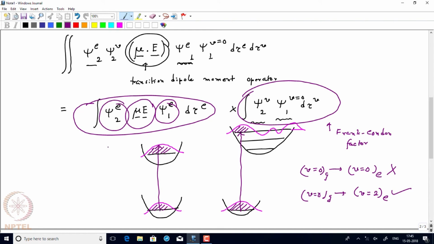So whether the parities are odd and even or even and odd, it dictates whether the transition moment is 0 or not, but it does not say anything about, if it is actually an allowed transition, how strong it will be. That is mostly controlled by this Franck-Condon factor, and that basically talks about what is the overlap integral between the ground vibrational state and some other vibrational state in the excited manifold.